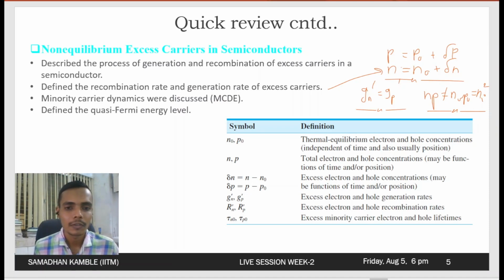Then, as I told you, we moved to the quasi-Fermi energy levels.